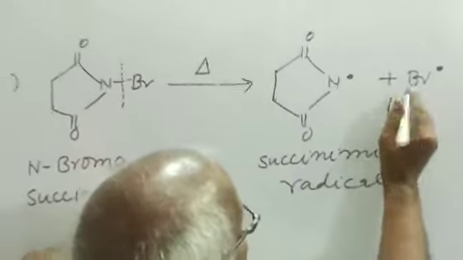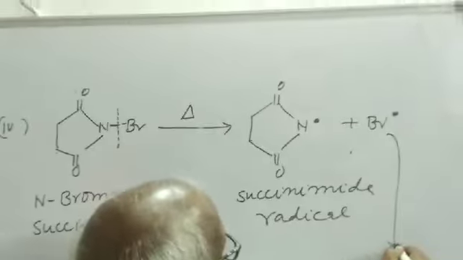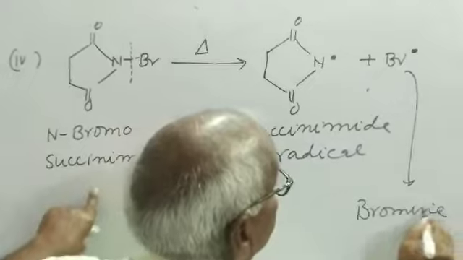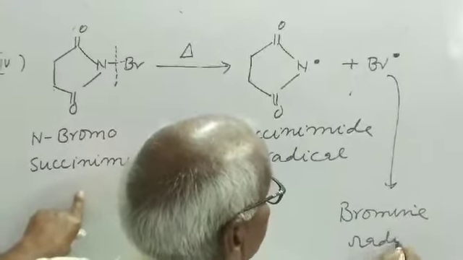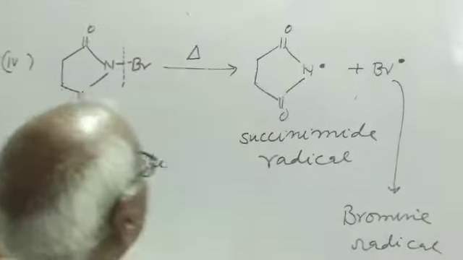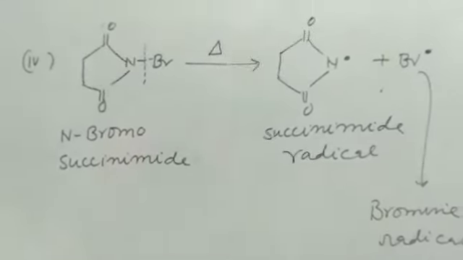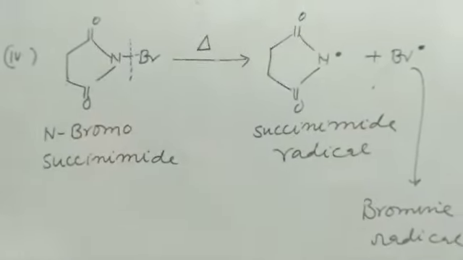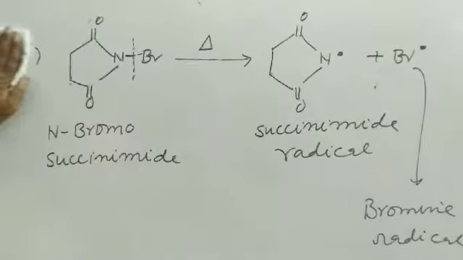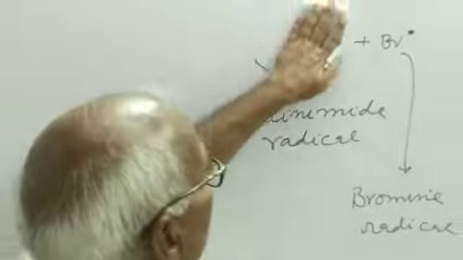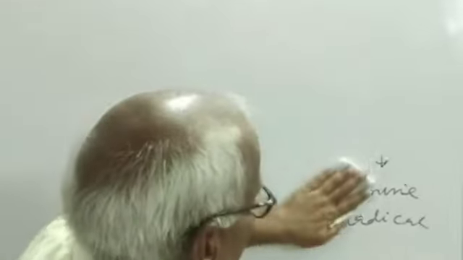This is the bromine radical. This reagent is very useful for benzylic bromination or allylic bromination. So this is for the homolytic fission.